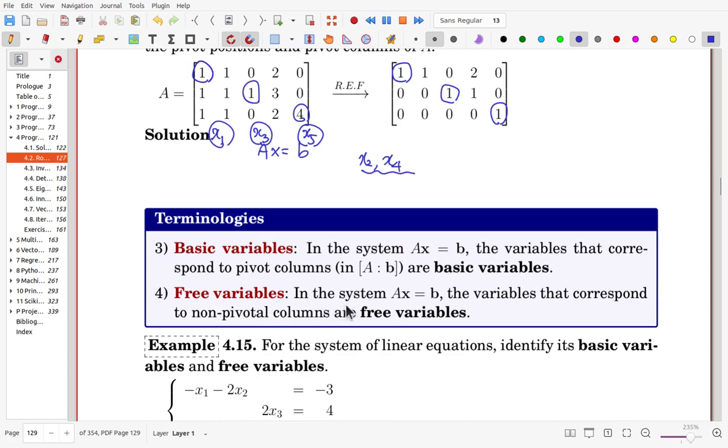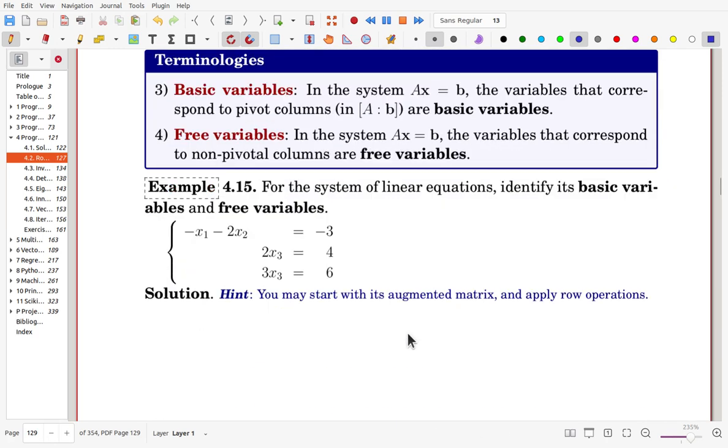We'll see why they are called free variables. In the system AX equals B, the variables that correspond to non-pivot columns are free variables. That means that once it's not a basic variable, then it is a free variable. Okay, let's see this example.